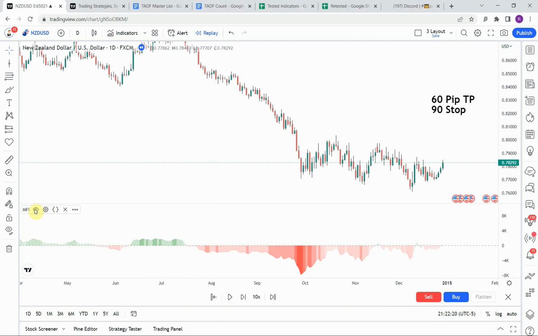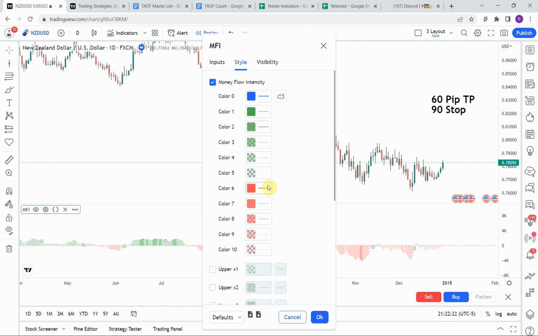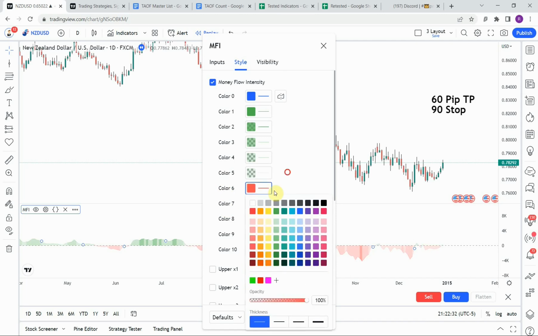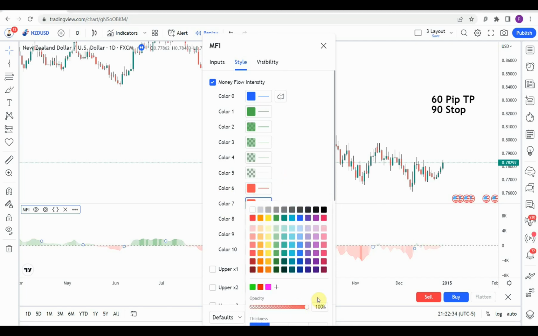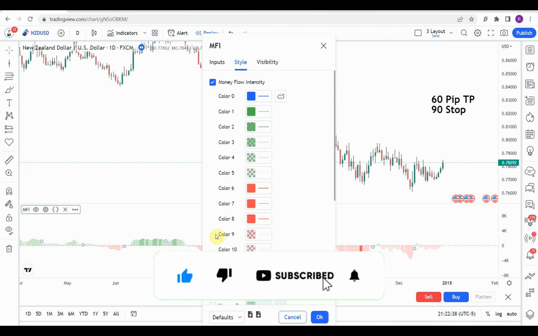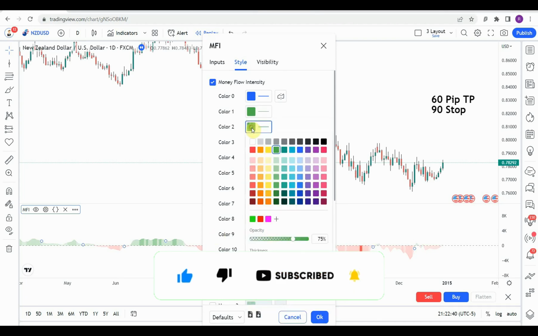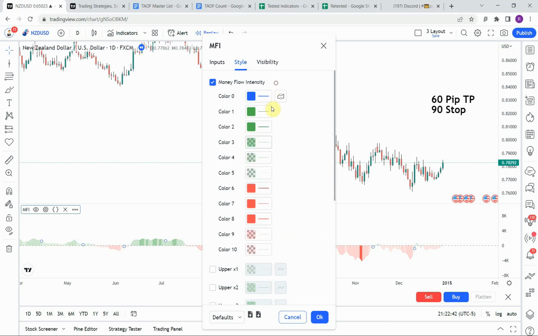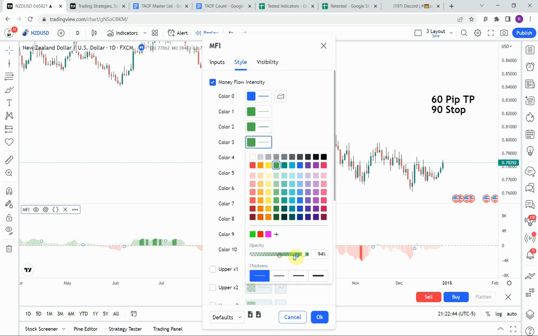And so what I did was I went in and the color 1, 2, and 3, and the color 6, 7, and 8, I went ahead and bumped up the opacity of those like this. And you don't necessarily have to turn the other ones down, but I did.